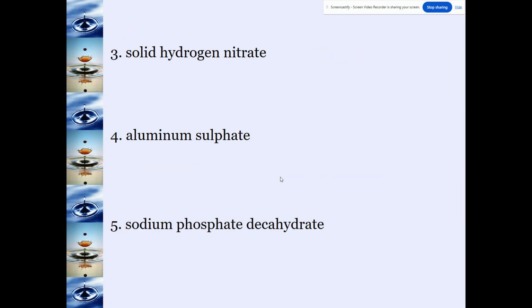Next example, solid hydrogen nitrate. This is going to be an acid, because it starts with hydrogen, and it's letting us know the state of it because, again, this is molecular, so it could be solid, liquid, or gas. Hydrogen nitrate would be 1 H with 1 NO3, and it's telling me that before it's in water, it's starting as solid.